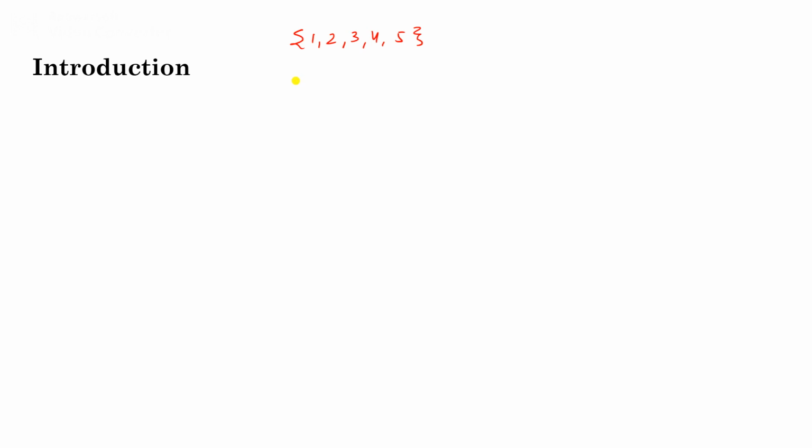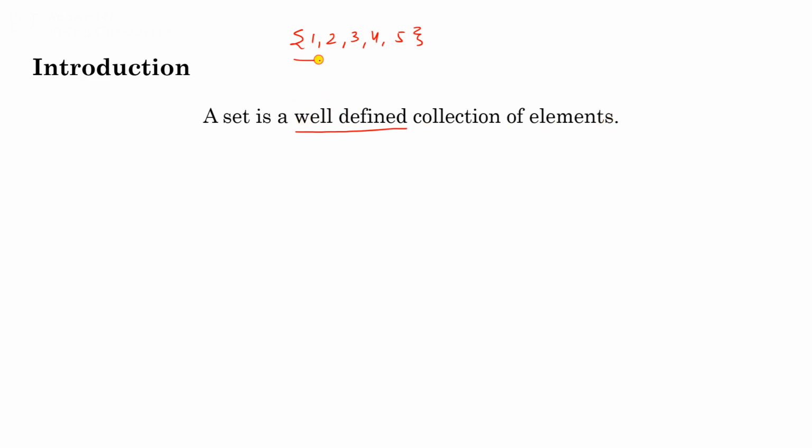So we define a set as a well-defined collection of elements. Here the elements are well-defined, but in the case of intelligent students, this is not well-defined. So remember, whenever we define a set, we say it is a well-defined collection of elements.